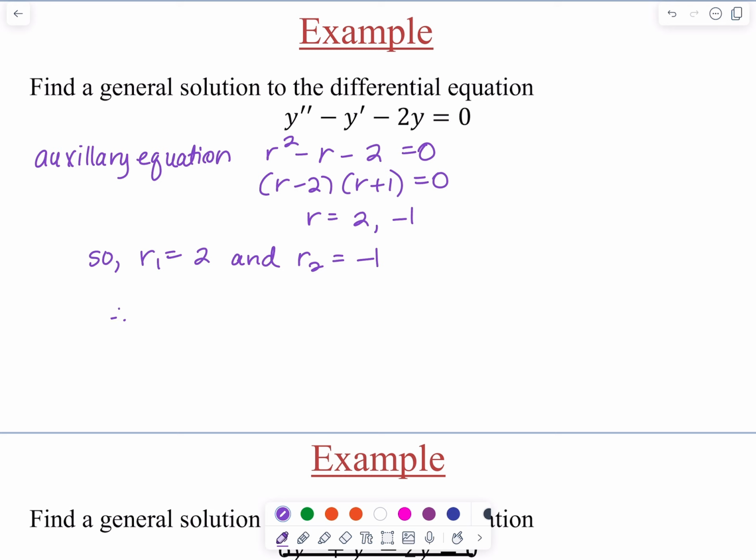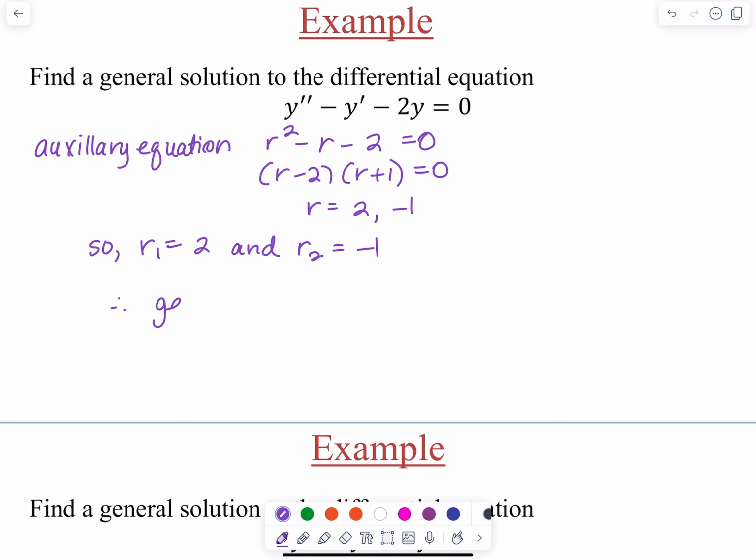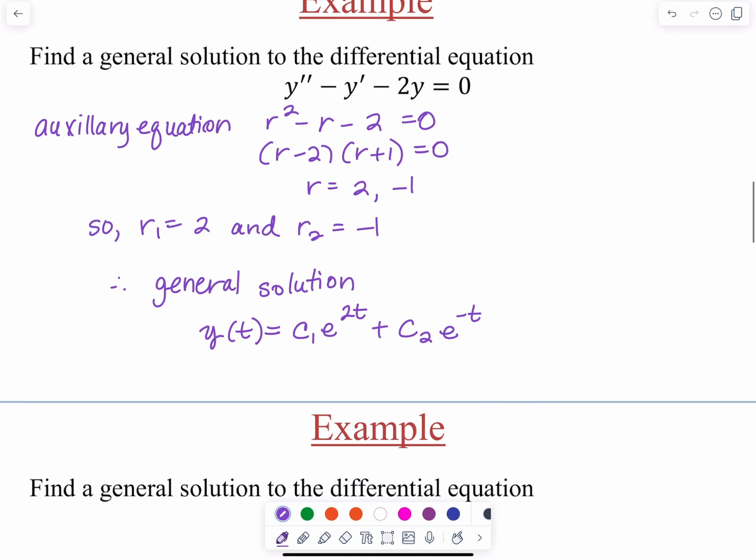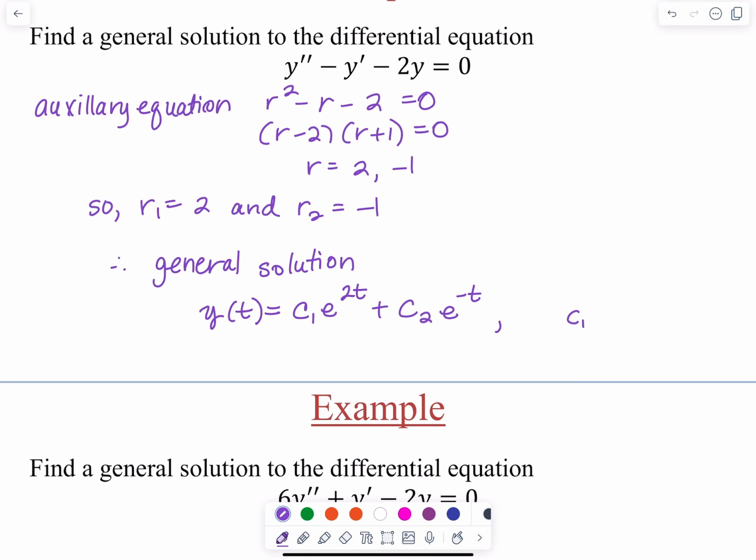So therefore, our general solution is y of t is equal to c1 e to the 2t plus c2 e to the negative t. And keep in mind that c1 and c2 are just arbitrary constants.